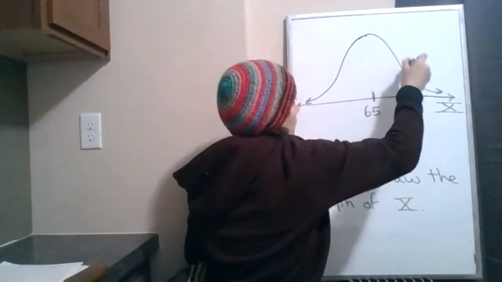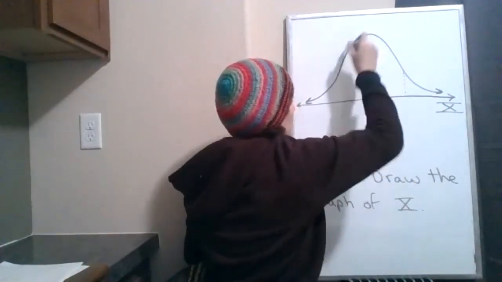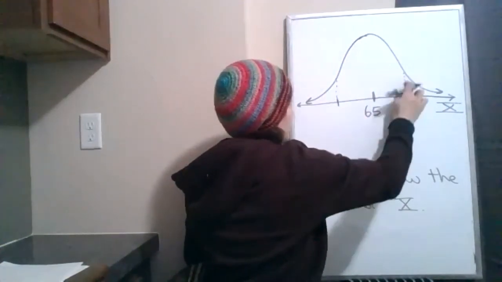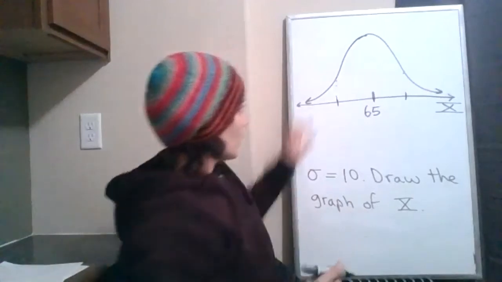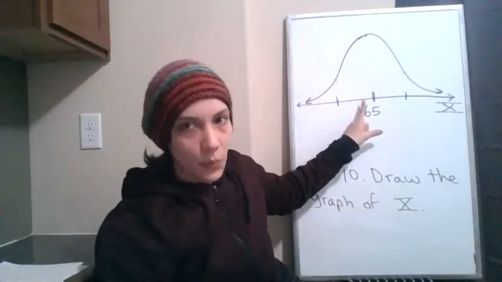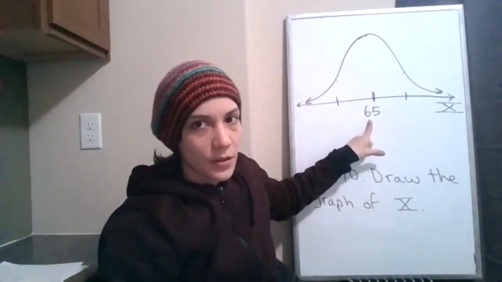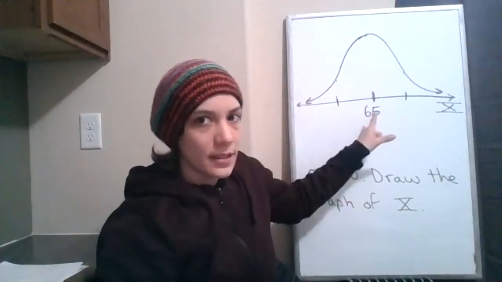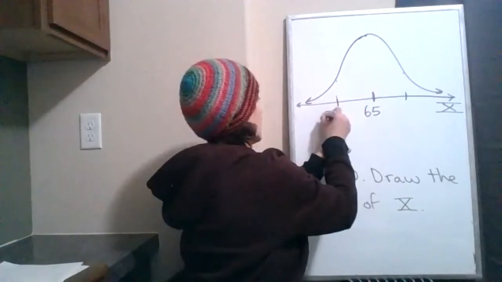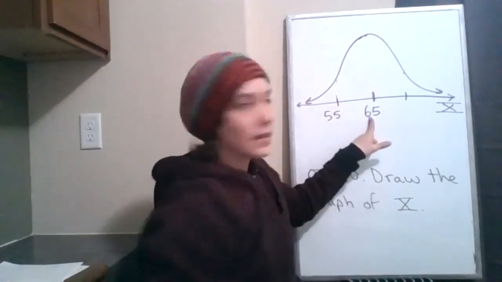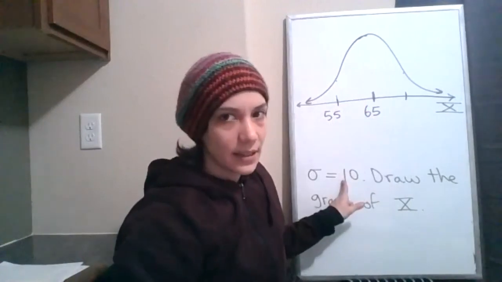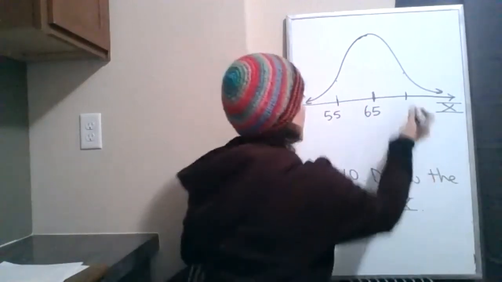and the inflection points out here are within one standard deviation. So if you go this way, take away 10 to get to 55. Here, add one standard deviation, so add 10, 75.